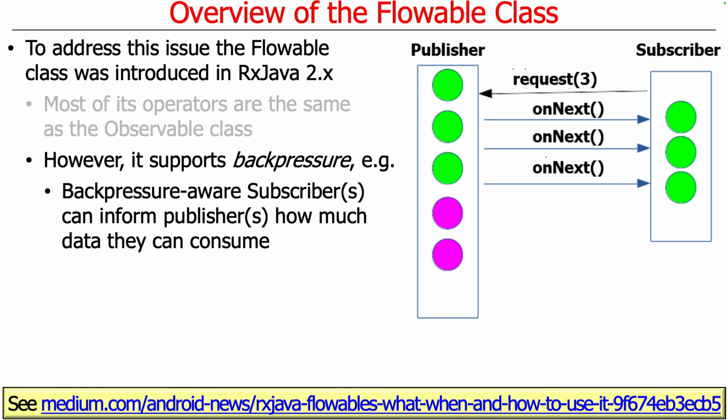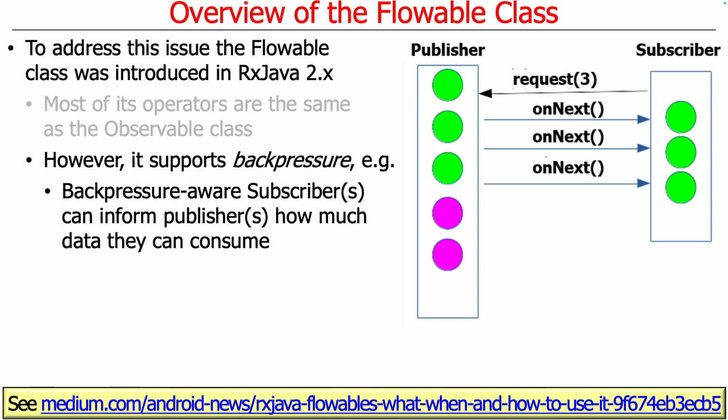Back pressure aware subscribers using Flowable can inform the publishers how much data they can consume in one fell swoop. And there's a couple different ways to do this. One way is for the subscriber that is back pressure aware to tell the publisher, don't send me more than X number of events before I ask you for the next chunk, the next tranche.